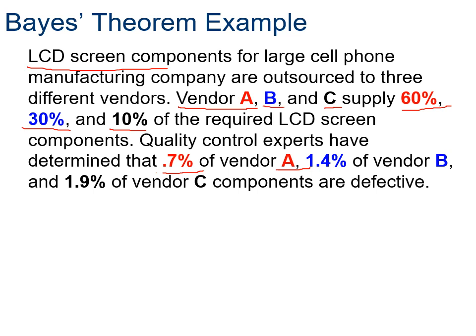All right, a very small percentage. Of screens made by vendor B, 1.4% are defective, and 1.9% of the ones made by vendor C are defective. So the ones from C are not as good a quality as A or B.